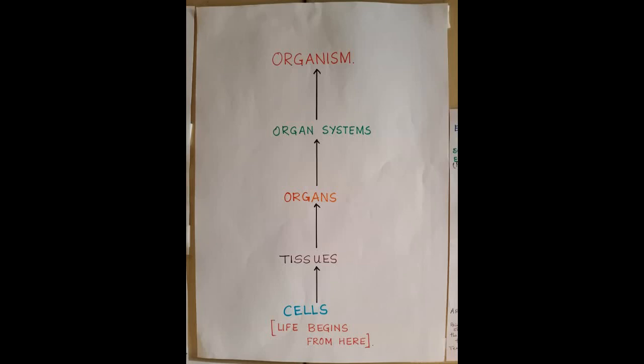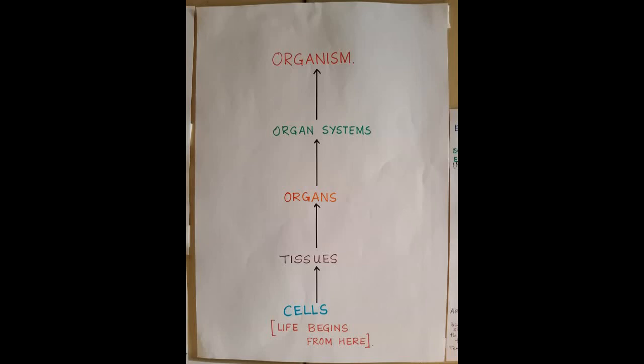These cells organize themselves to form tissues. The tissues organize themselves according to specific functions and location to form different organs.